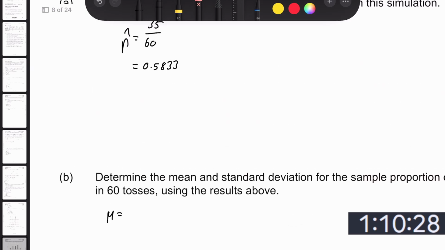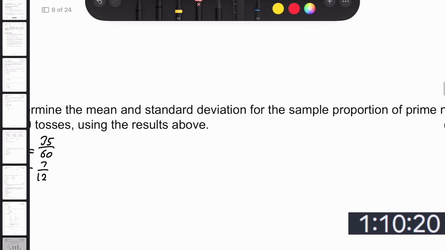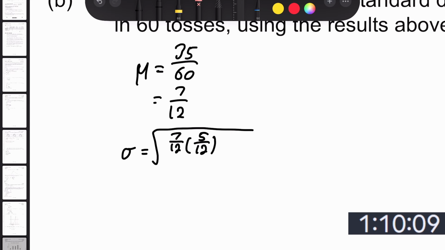So I'll do the fraction version. That's 7 over 12. And then standard deviation is gonna be 7 over 12 times 5 over 12 all over 60. Yeah, it was definitely 60.